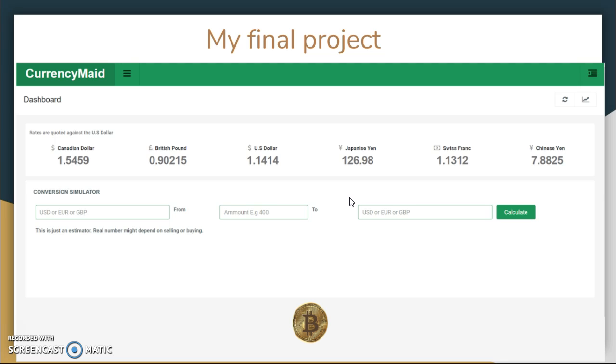At the end it has a Bitcoin logo which, after clicking it, a new div appears and slides down, and it has Bitcoin's current buying and selling rates in US dollars. This uses a couple of APIs and fetches the data from them.